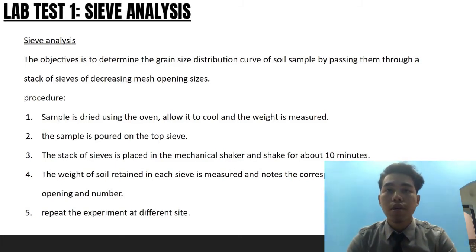Number 4, the weight of soil retained in each sieve is measured and we note the corresponding sieve mesh opening and number. And the last step is to repeat the experiment using different types of soil from different sites.